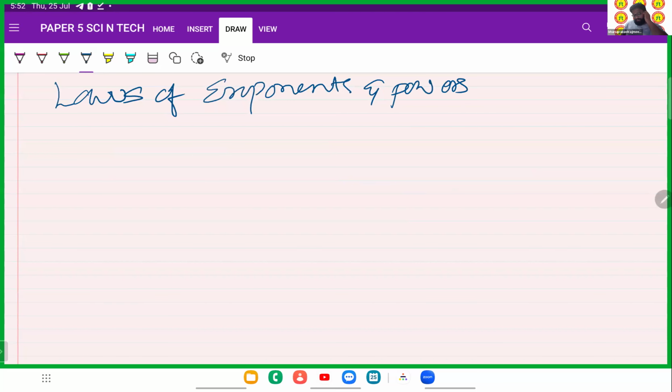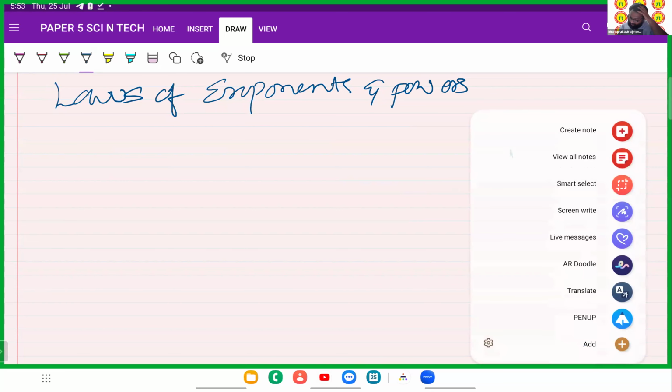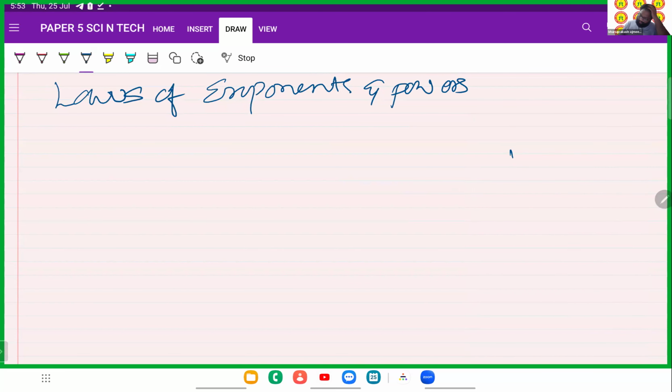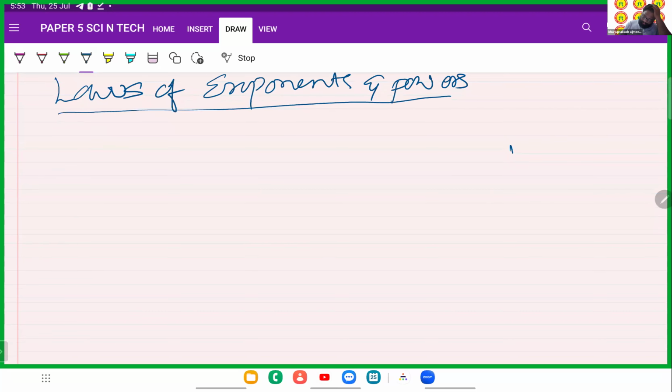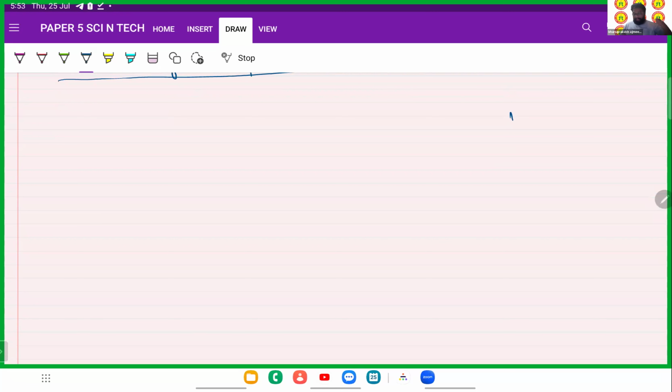So now let's discuss the laws of exponents and powers. What are the laws of exponents and powers? a to the power of m into a to the power of n is the first law.